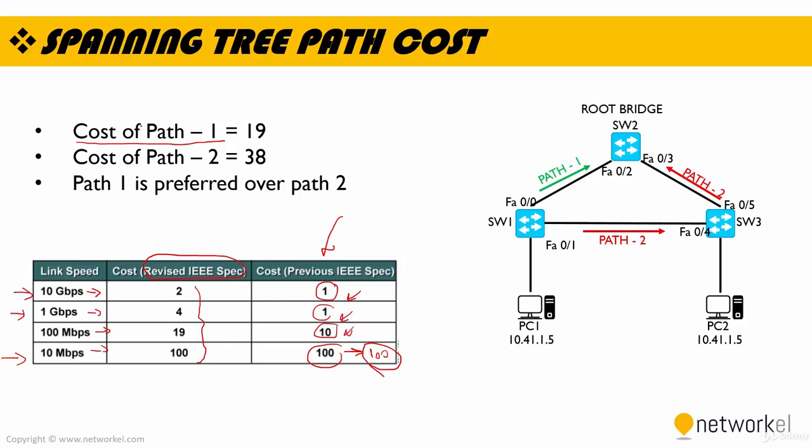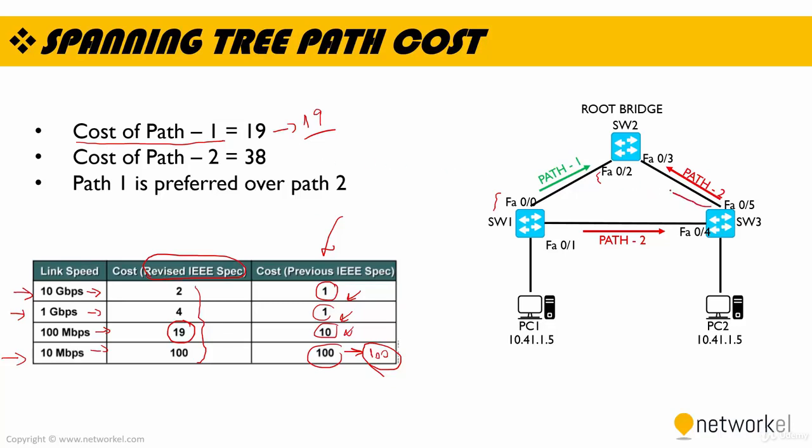So let's take a look at the cost of path 1. Path 1 has 2 fast Ethernet links, so its cost value is 19. Let's take a look at path 2.